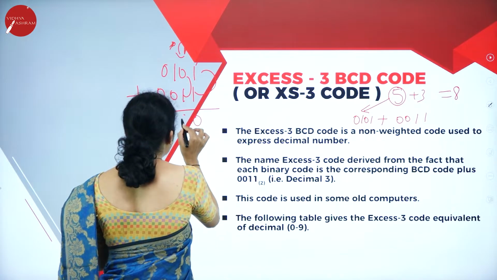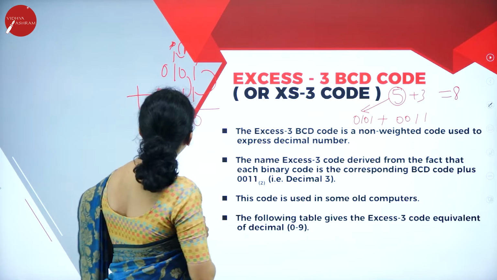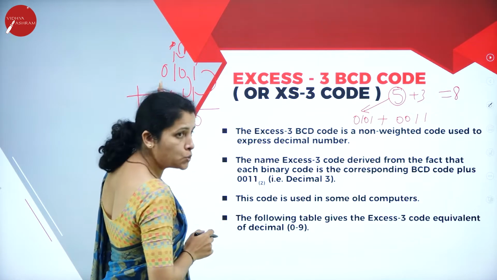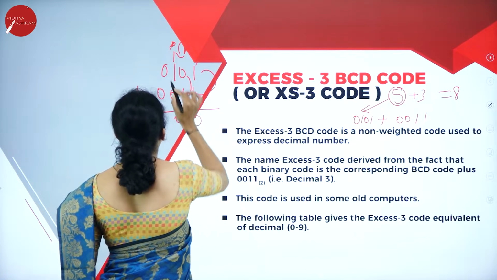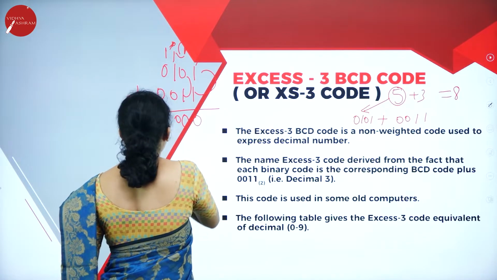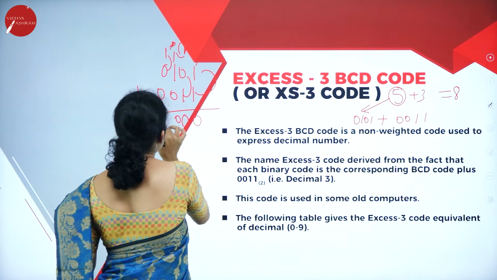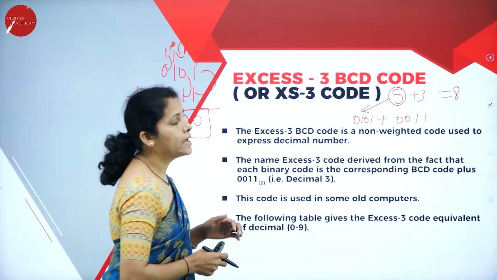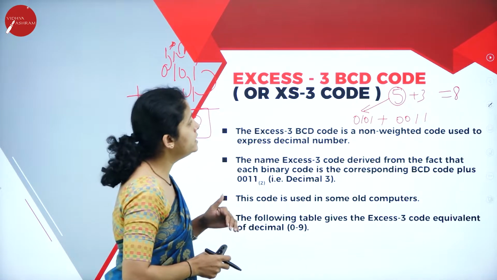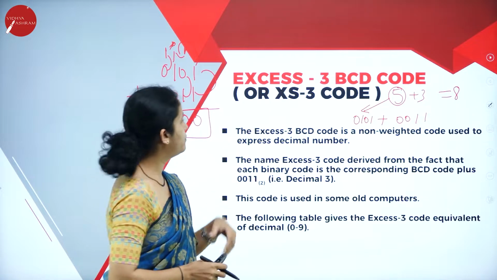So I place 0 here, and 1 is carry. Now 0 plus 1 is 1, 1 plus 1 is 0 and 1 is carry. So 0 plus 0 is 0, 0 plus 1 is 1. So it is nothing but 8. This is the way I can represent the given decimal number in Xs3 form.